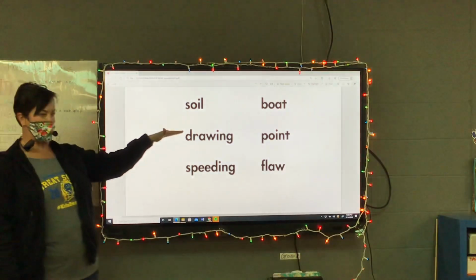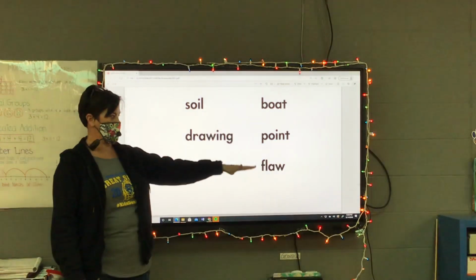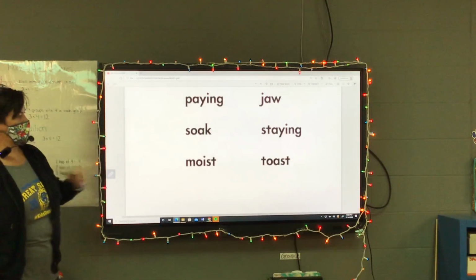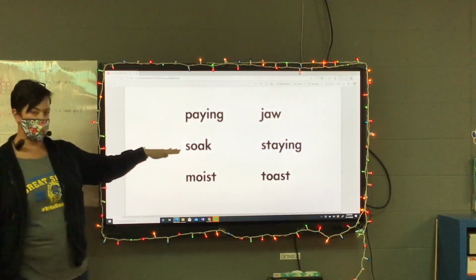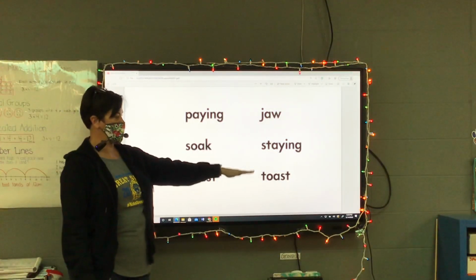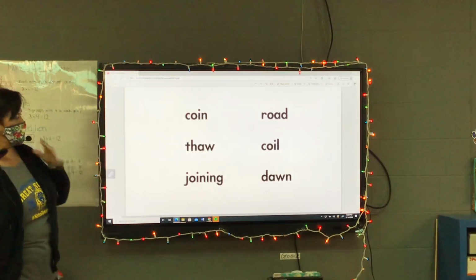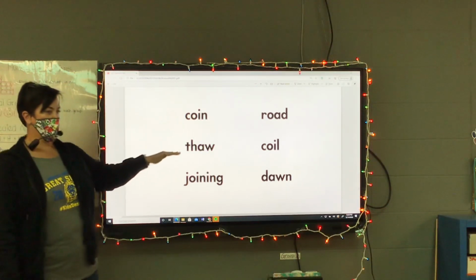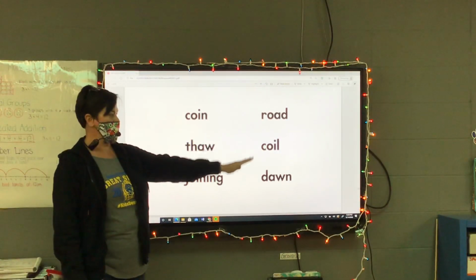Soil, drawing, speeding, boat, point, flaw. Let's read them together. Paying, soak, moist, jaw, staying, toast. Again, let's read them together. Coin, thaw, joining, road, coil, dawn.